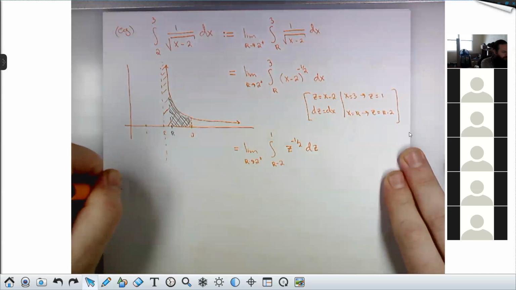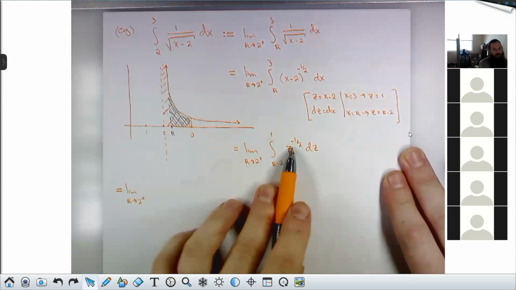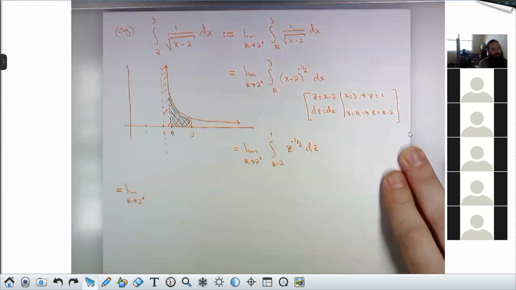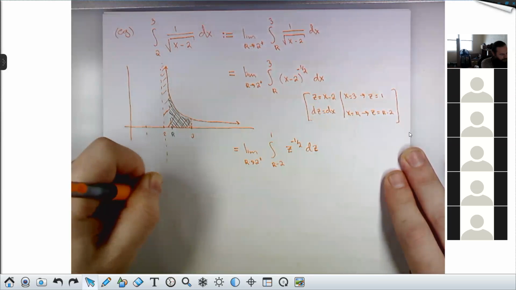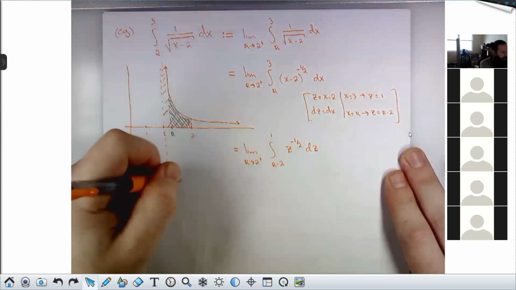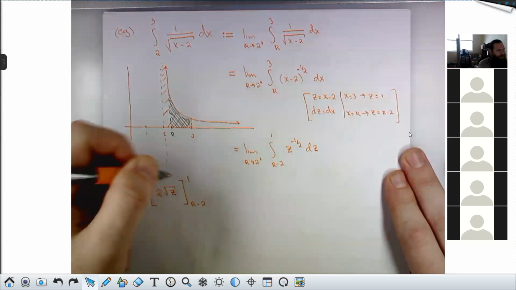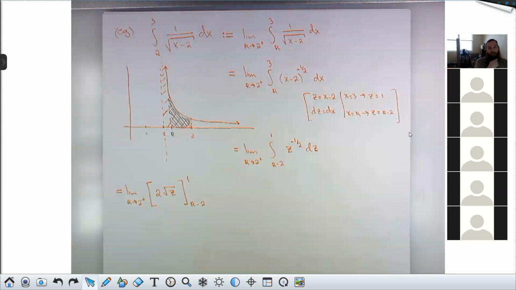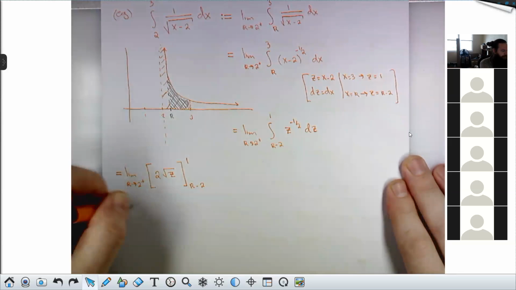So I'll continue this over here. This is going to be lim r to 2 plus an antiderivative for z to the negative 1/2. Well, you add 1 to that power, you get positive 1/2. And then you divide by positive 1/2. That's the same as multiplying by 2. So we get 2 times the square root of z. And this is to be evaluated from r minus 2 up to 1. Which is lim.